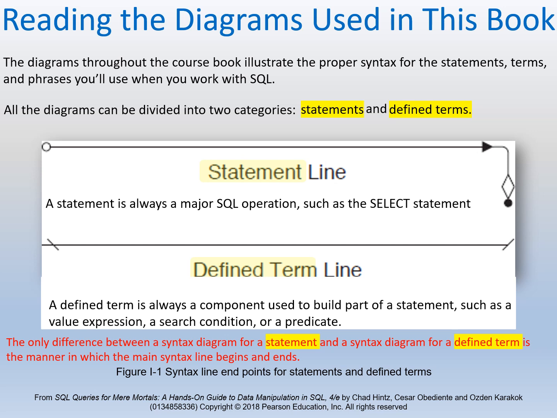The only difference between the syntax diagram for a statement and a syntax diagram for a defined term is the manner in which the main syntax line begins, as you can see here, 2 different beginnings, and how they end, as you can see here, 2 different endings.